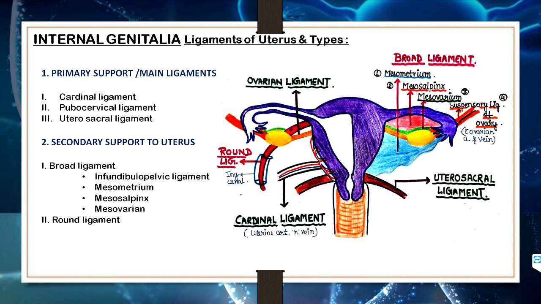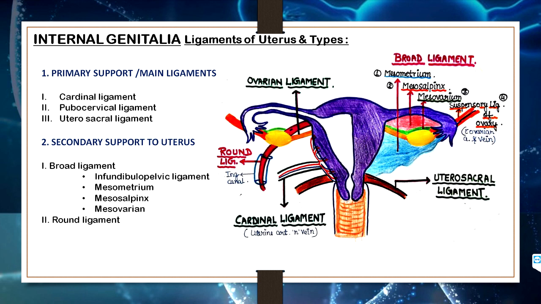Infundibulum is the part of the fallopian tube. So it connects infundibulum of the fallopian tube to the lateral pelvic wall. See in the diagram, fourth point, suspensory ligament of ovary, which is also called infundibulopelvic ligament. Within this ligament, ovarian artery and veins are present.